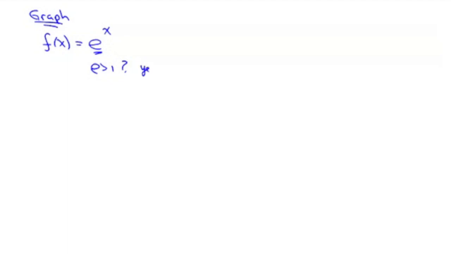Since it is bigger than 1, it has the same exponential look. It goes through the point (0, 1), hugs the x-axis on the left, hits this point, and shoots off. It grows a little bit faster than 2 to the x, so it's a little bit steeper.